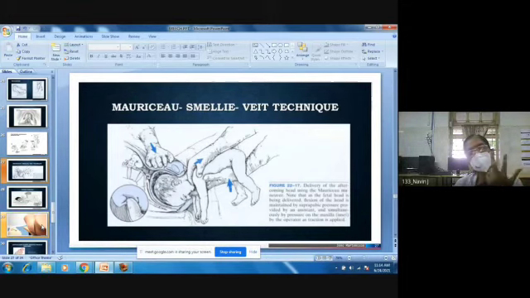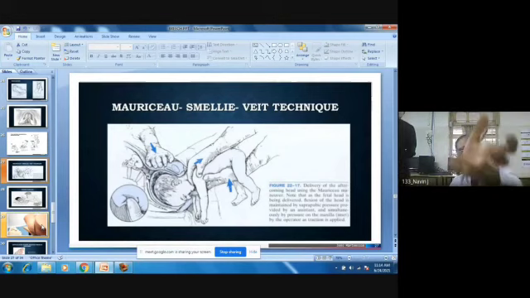The two fingers, the middle and the index fingers, are kept over the malar eminences of the baby, and you promote flexion of the baby's head. You have an assistant giving suprapubic pressure that will also promote flexion, and your hand from below will be on the malar eminences of the baby so that it will promote flexion of the baby's head. And the hand above is going to again make an arc over the mother's abdomen and deliver the baby. That is the Mauriceau-Smellie-Veit technique.